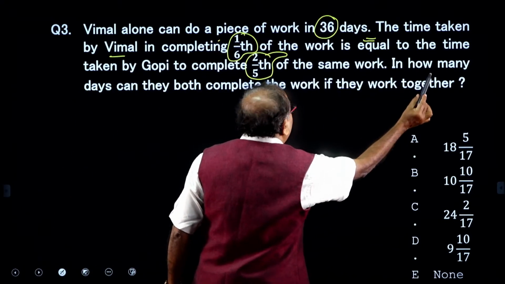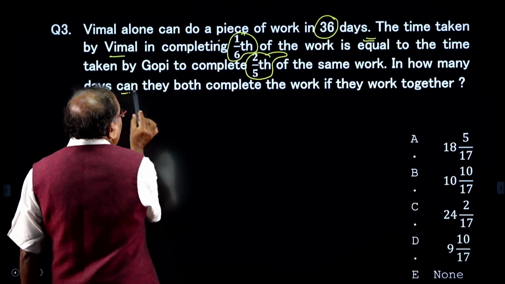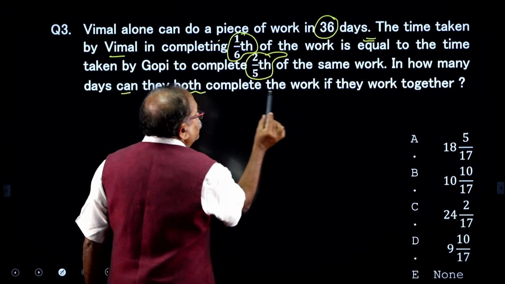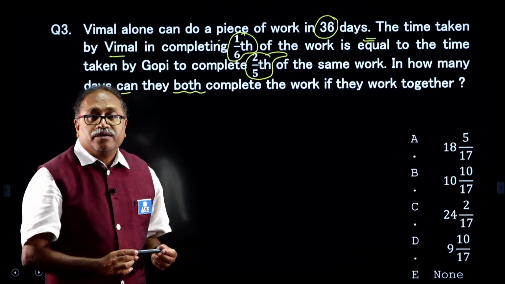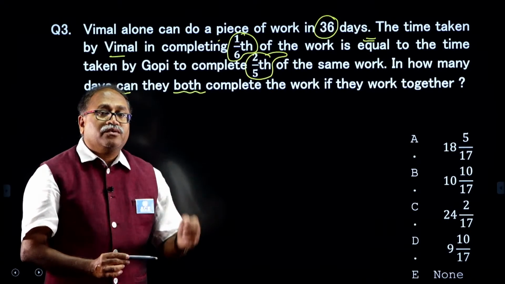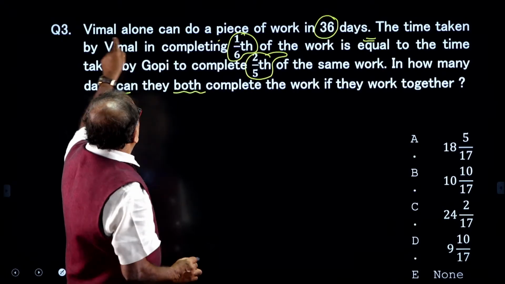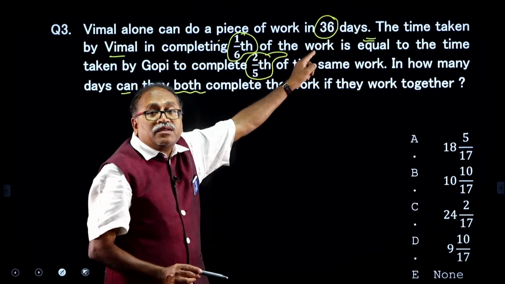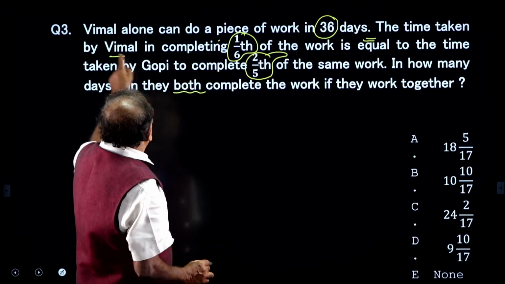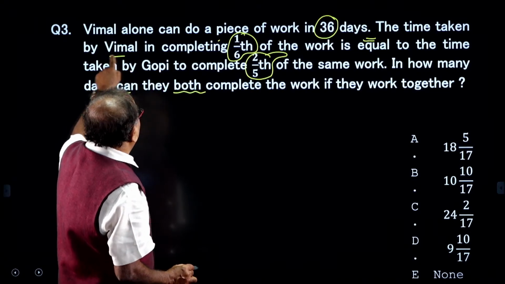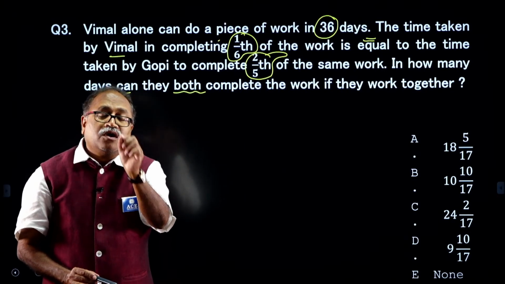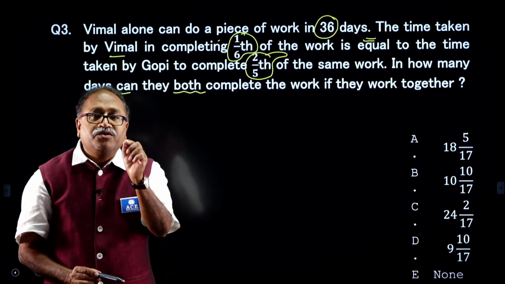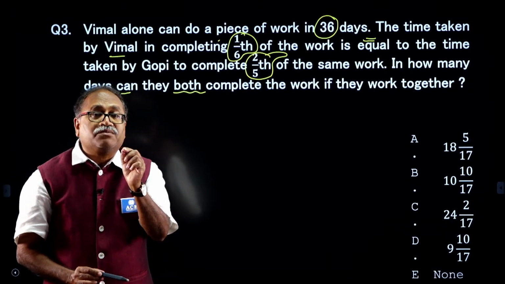The same work, in how many days can they both together complete the work if they work together? I will give some clue. Here Vimal can complete the work in 36 days. Now, the time taken by Vimal to complete 1/6 of the work. How much time will it take for Vimal to complete 1/6 of the work?